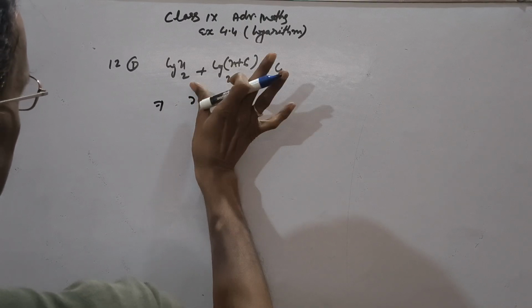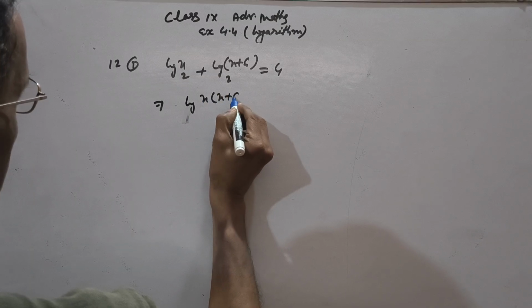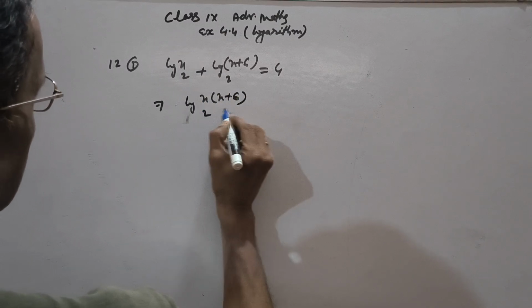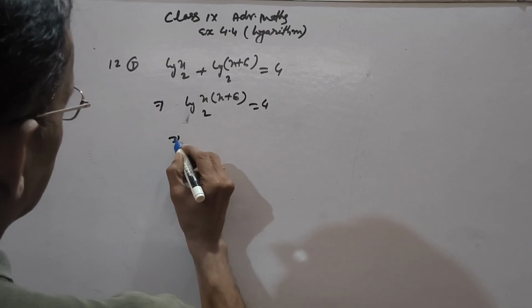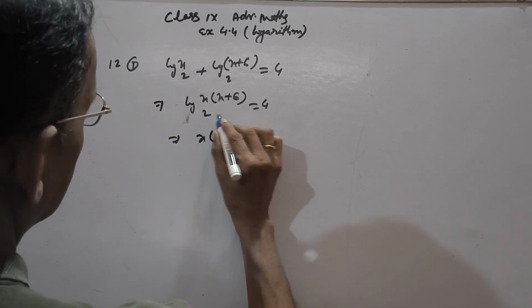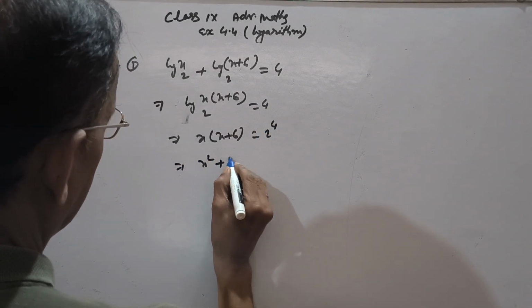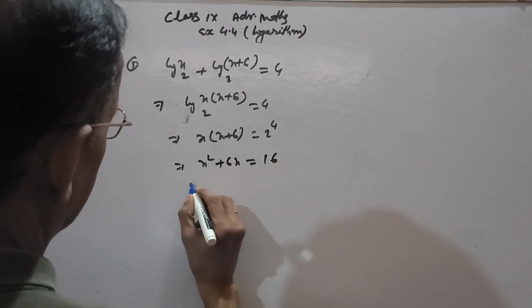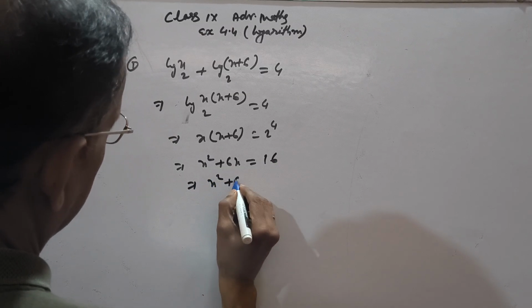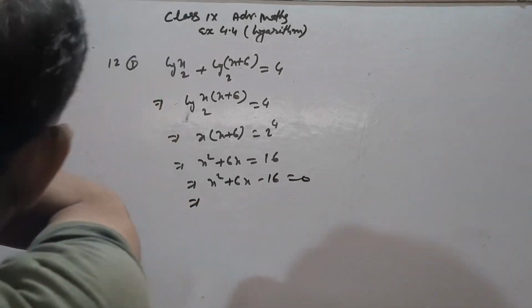So it will be log x into x plus 6 to the base 2 equal to 4. Convert to the exponential form, what will we get? x into x plus 6 equal to 2 to the power 4. So x square plus 6x equal to 16. So x square plus 6x minus 16 equal to 0. You need to solve it.